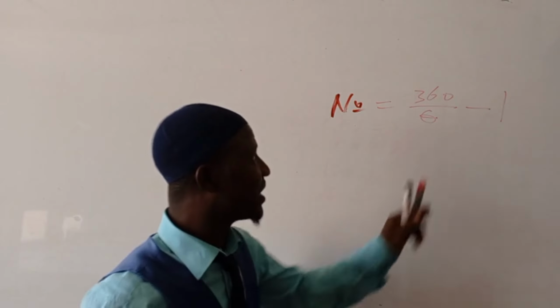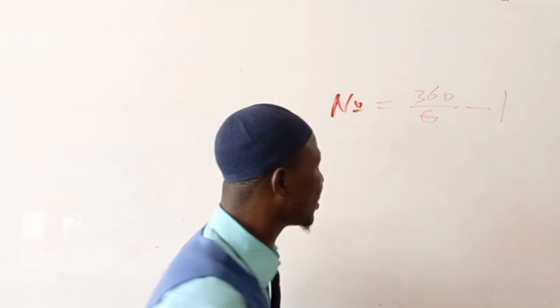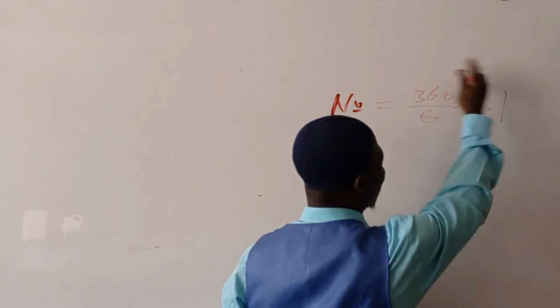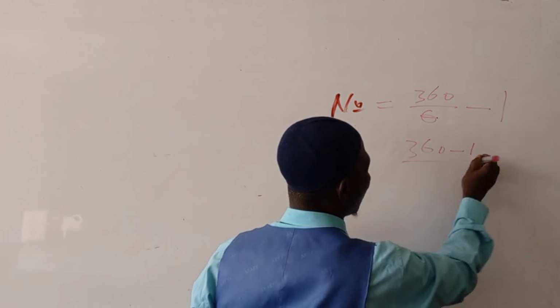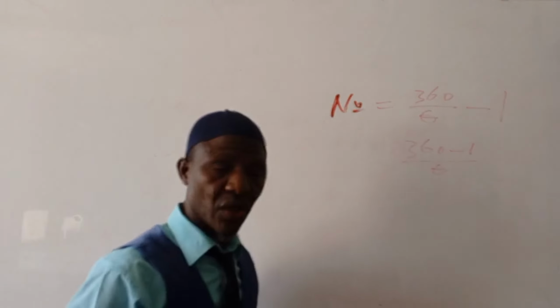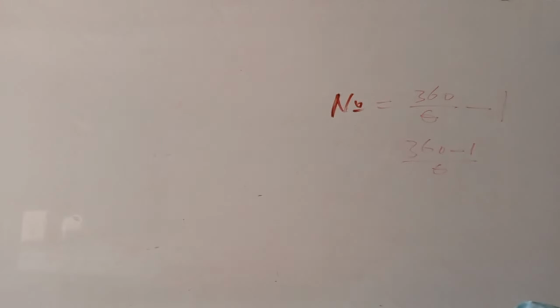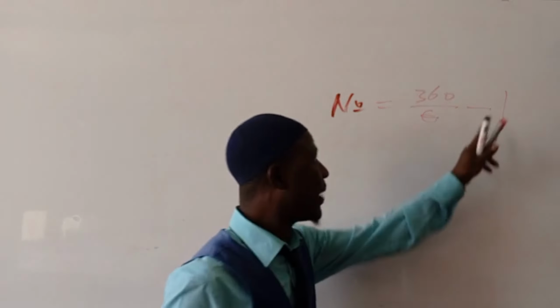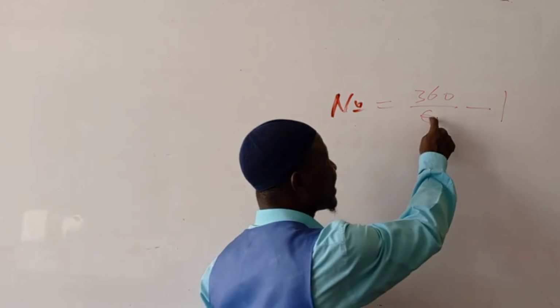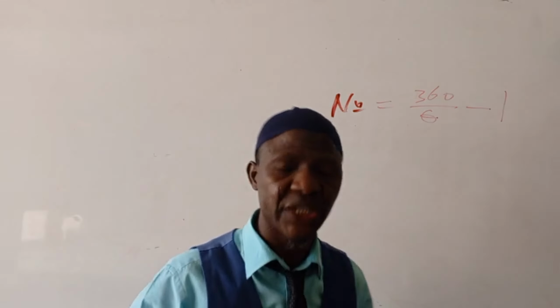Please don't make a mistake in this formula. Some students normally use it like this: they raise the 1 up to give 360 minus 1 over theta. It is wrong. It's supposed to be 360 over theta minus 1, where theta means the angle of inclination.